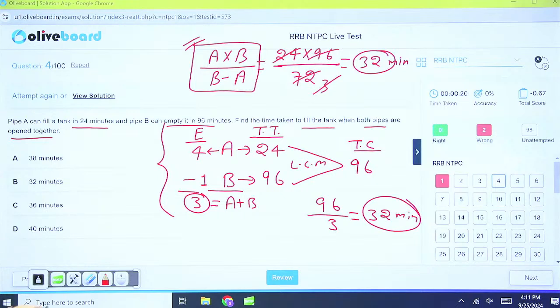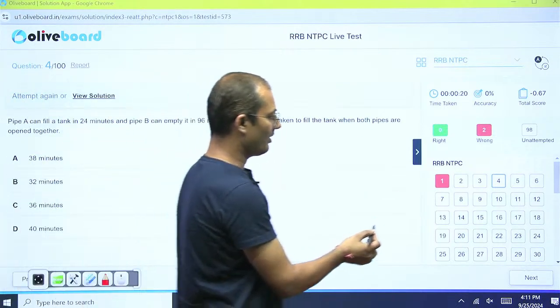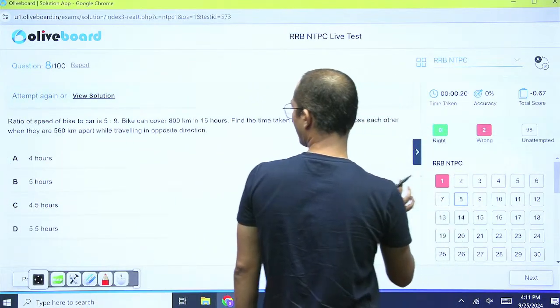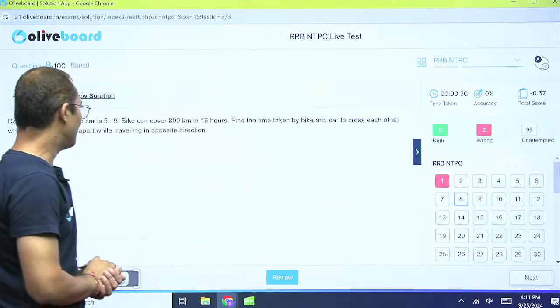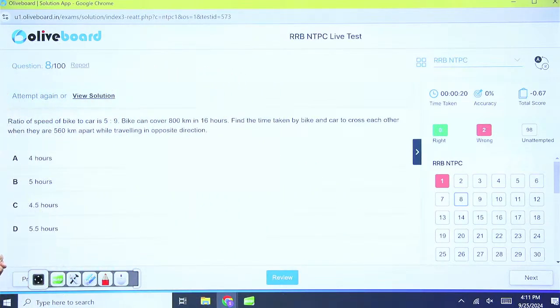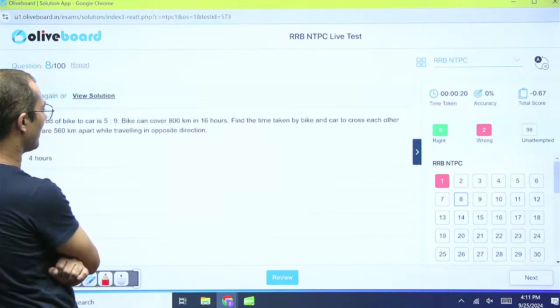Now the next question is question number 8. Tell me what would be the answer of this question. Here the question is saying the ratio of speed of bike to car is 5:9.